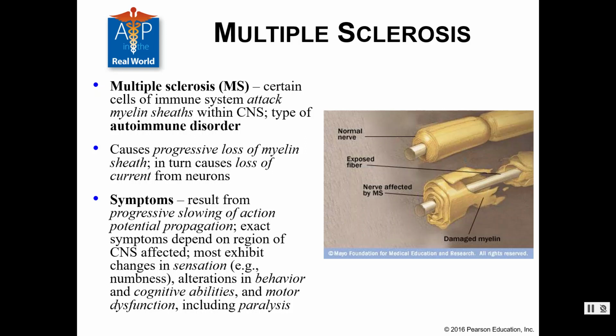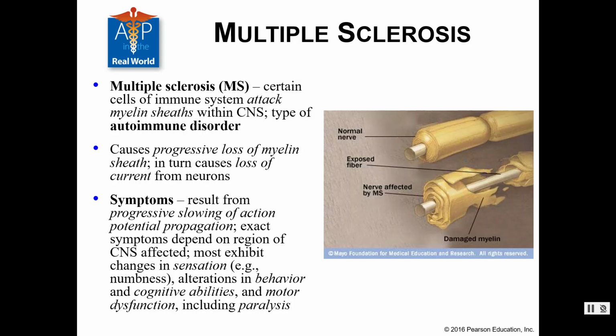Some symptoms include progressive loss of action potentials, or the slowing down of the action potentials. The central nervous system, again the brain and the spinal cord, is where you start voluntary muscle contraction.